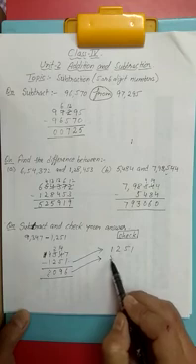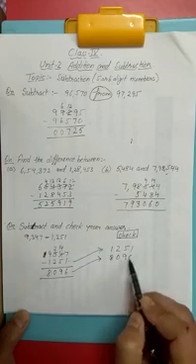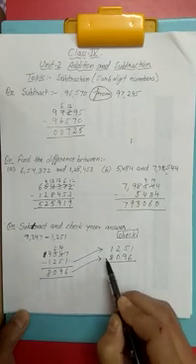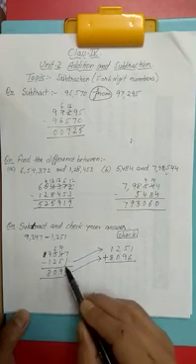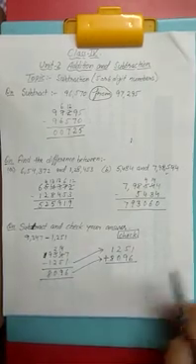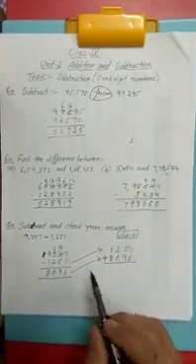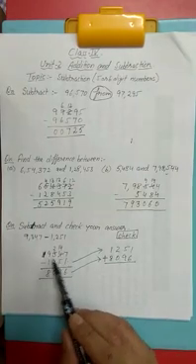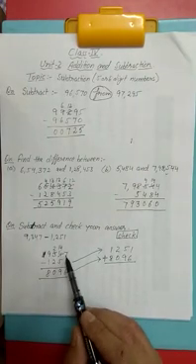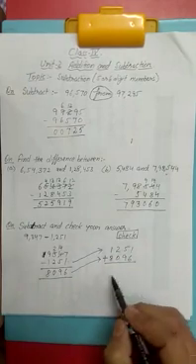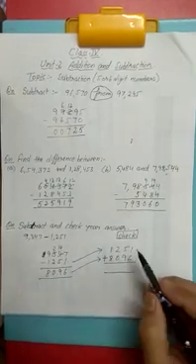The difference is 8096. We will add these two numbers, then the answer should be equal to the minuend, that is this number, the greater number. So we will add this.